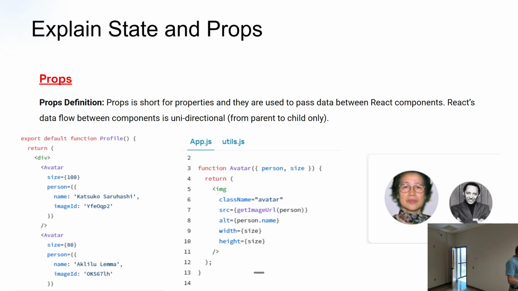And so when you have 5 layers like I was talking about, and you send data from the top layer all the way down to the bottom 5th level, that's called prop drilling. You're drilling your data down. Prop drilling.